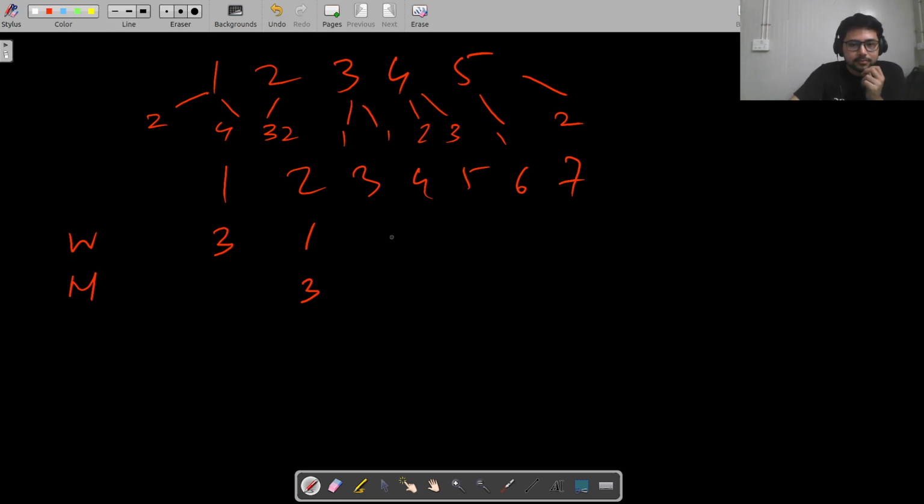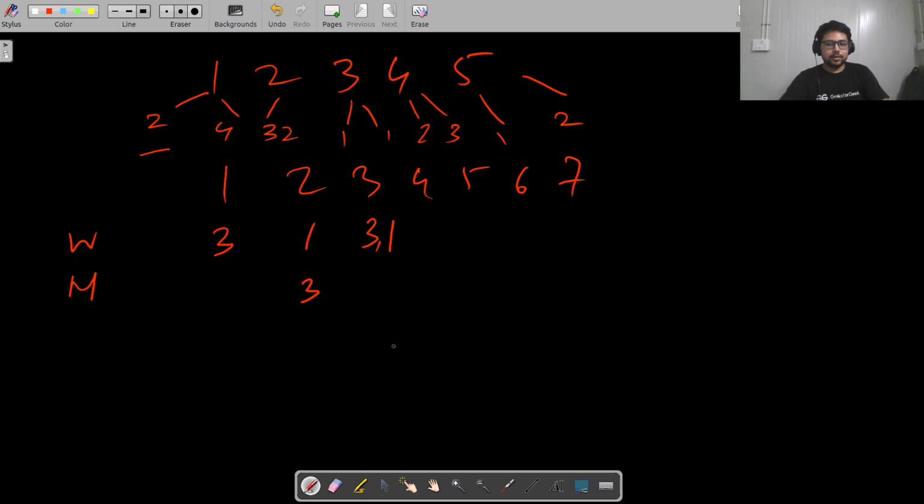Then on the third day, since 3 spends only 1 day in maintenance, it will come back and jump up to the work set, and 1, which is already added, since it works for 2 days, will still remain in the work set.